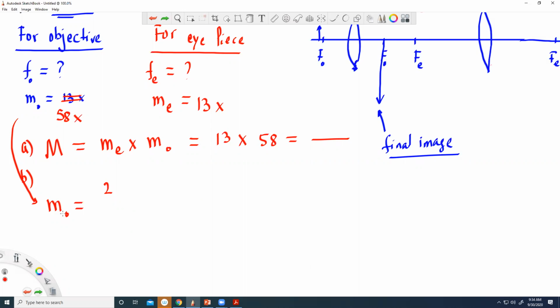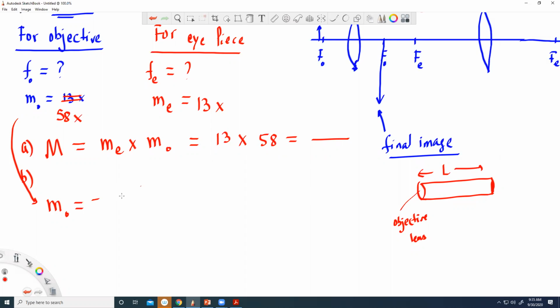So for objective, let's see, this is the tube, that's the objective lens on one side of the tube, and the image is usually formed here on the edge of the tube. So the magnification is defined as image distance over object distance.